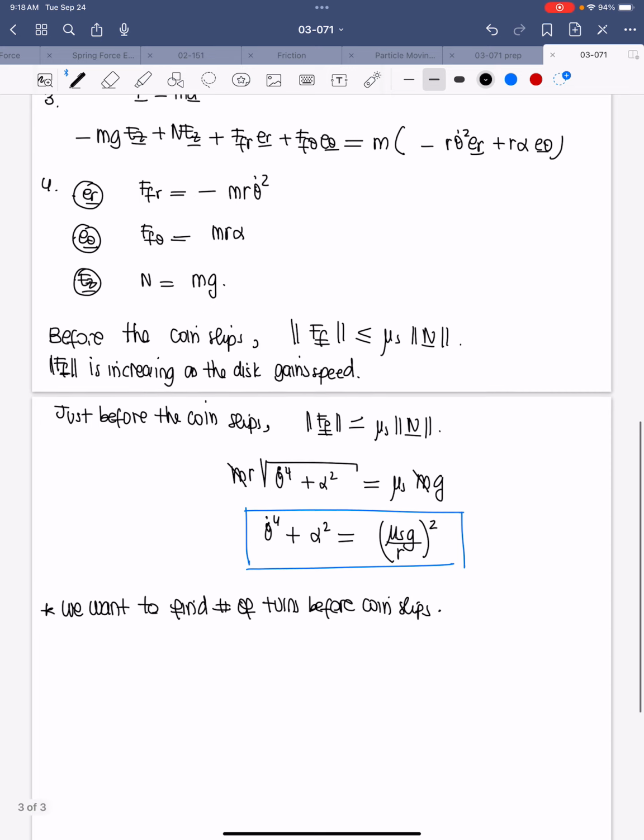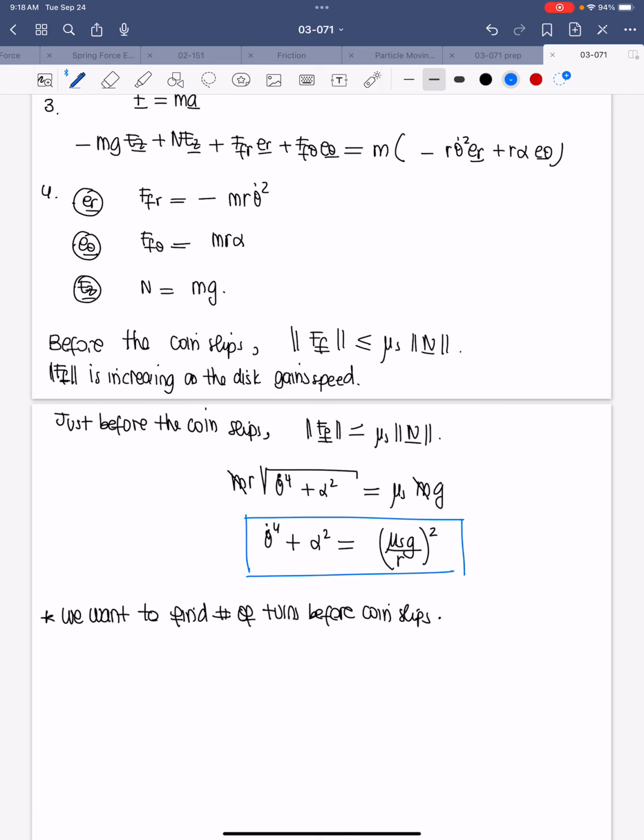So far, we found theta dot before the coin slips. It satisfies theta dot to the power 4 is mu s g over r, squared, minus alpha squared.